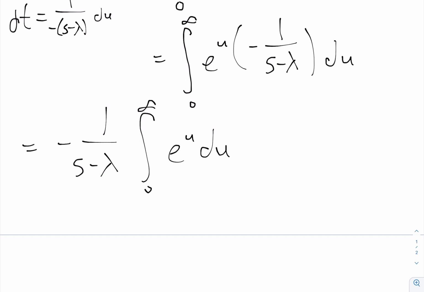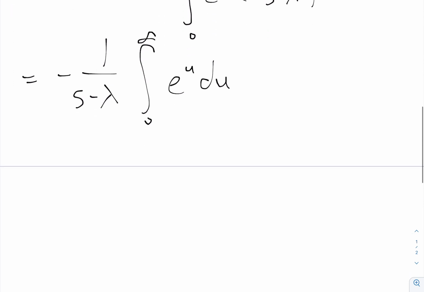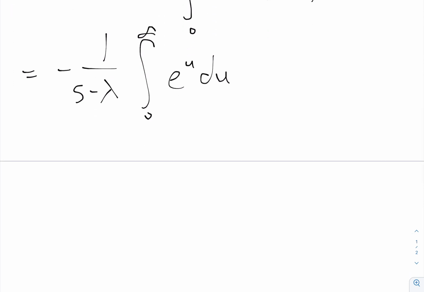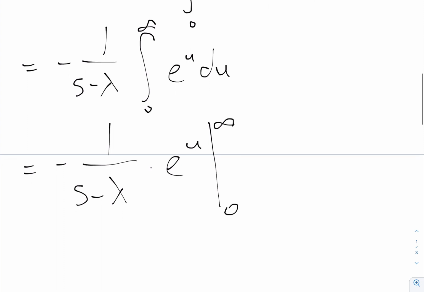Okay. And the integral of e to the u with respect to u is just e to the u. So this is going to be negative 1 over (s minus lambda) times e to the u, evaluated from infinity to 0, right? That's really what the integral is doing.